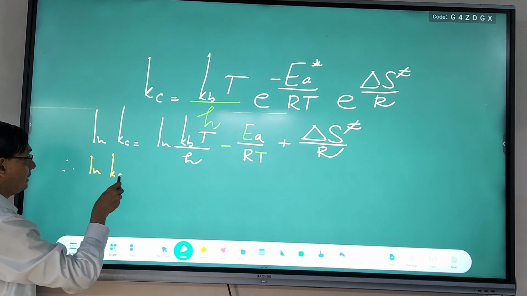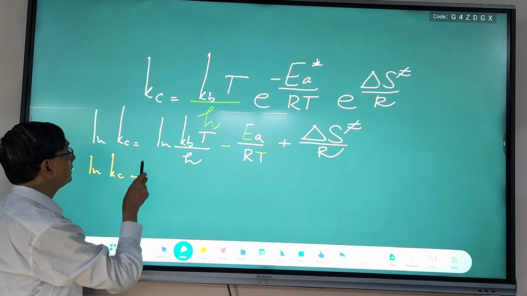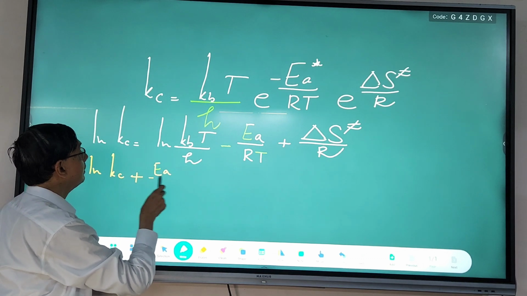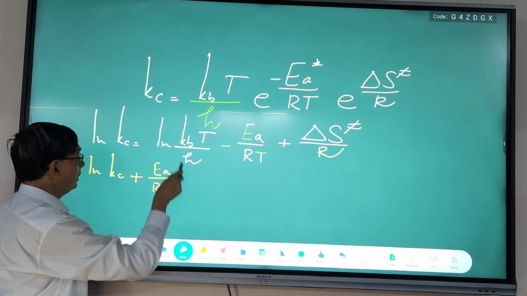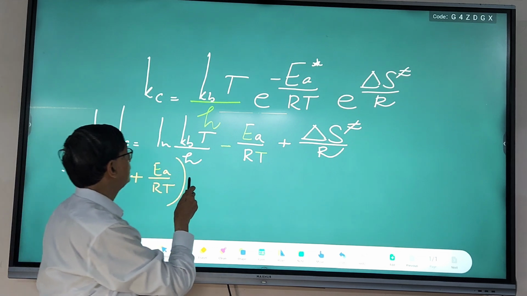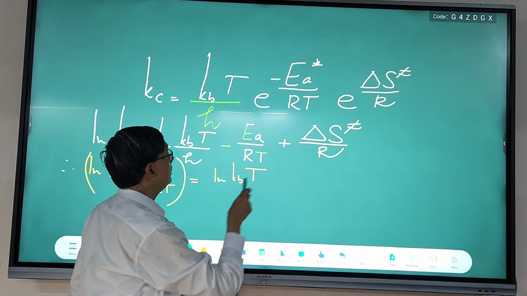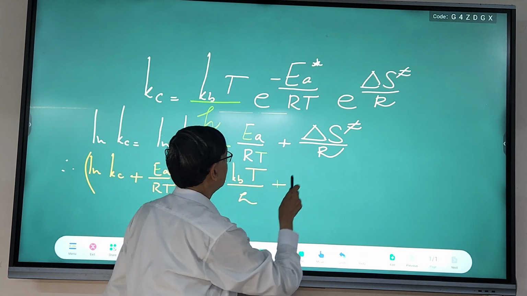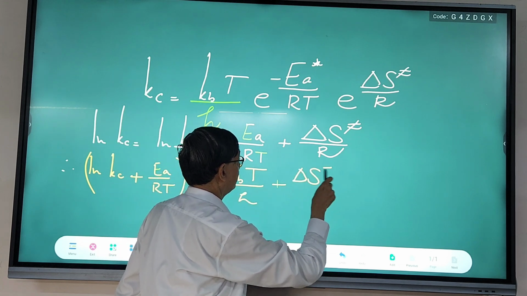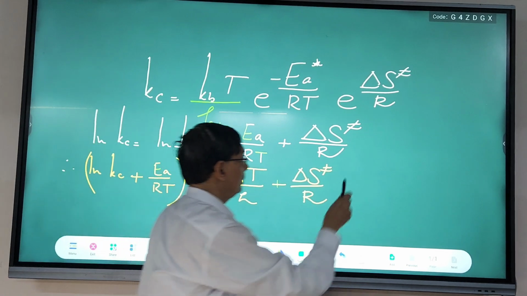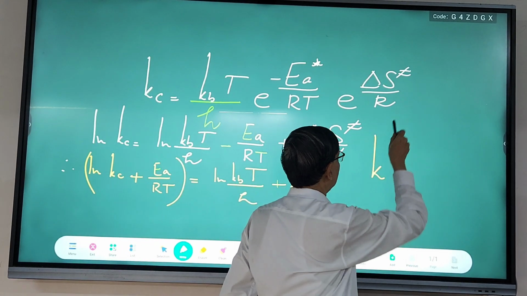Natural log of Kc plus EA by RT, you can write it in brackets also, equal to natural log K_B T by h plus delta S by R. What is the relationship? You know the Arrhenius equation again.